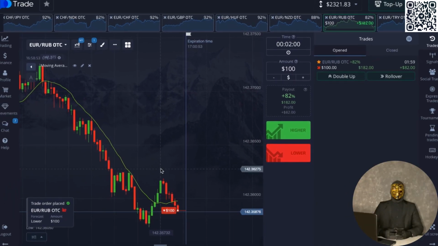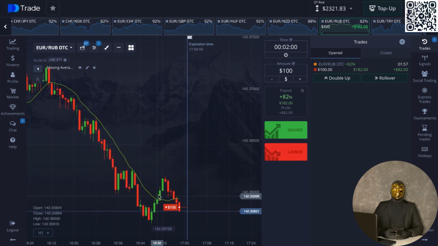So, here I see a good trend movement, first in the upward direction, then in the downward direction, the intersection of the moving average line and the continuation of the downtrend. I'm going to trade on this downward movement.